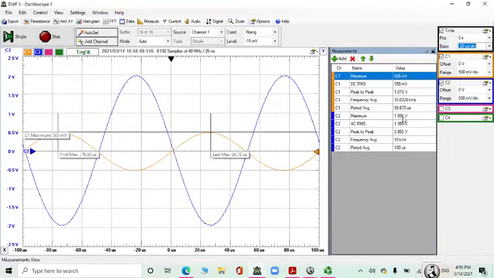The amplification depends on your feedback resistor and your input resistor, which are R1 and R2. R1 is your input resistor, and R2 is your feedback resistor. So R2 divided by R1 is your amplification. This is for the first part.